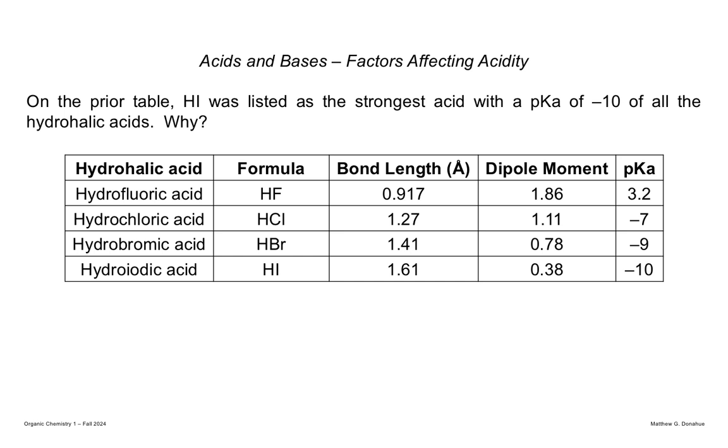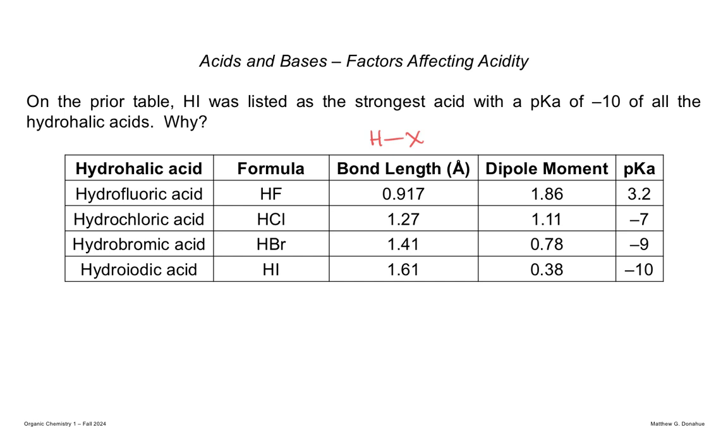And really the way to rationalize that is if you look at the bond length from hydrogen to that halogen, you see that it increases. And as part of that, because you're going down the column, the atoms are getting bigger, but the proton is staying the same size. So iodine's really big. The proton doesn't form a really strong bond.